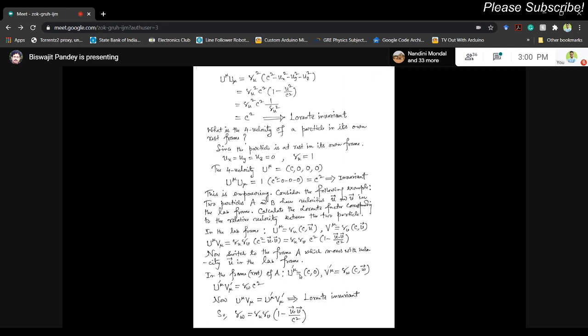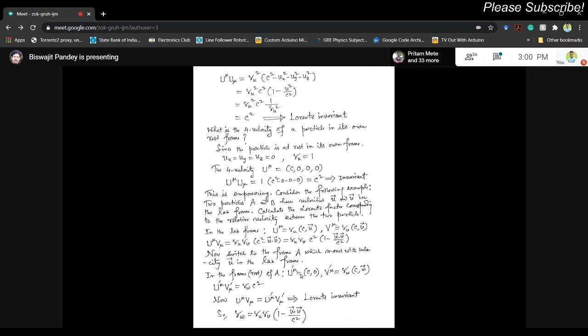And let us define the velocity of the second particle, that is the particle B, in the frame of A as v mu prime. So we are labeling this frame as the prime frame, that is the frame of A in which the particle A itself is at rest.